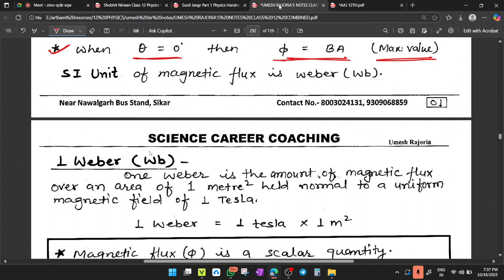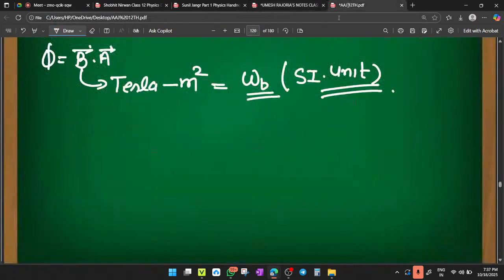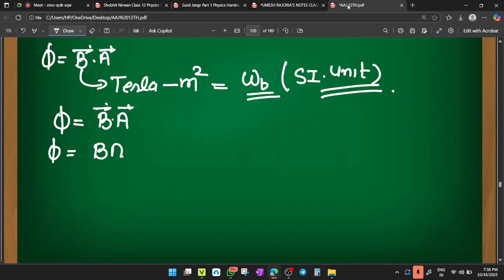Okay. So what is 1 Weber? Next question is: define 1 Weber. We have seen phi equals B into A, B dot A. Right? If you open it, phi equals B A cos theta. So to define 1 Weber, take everything as unity, meaning 1.